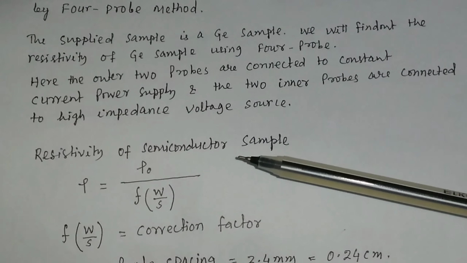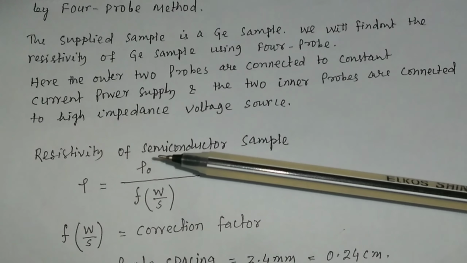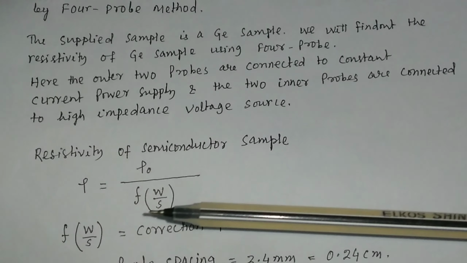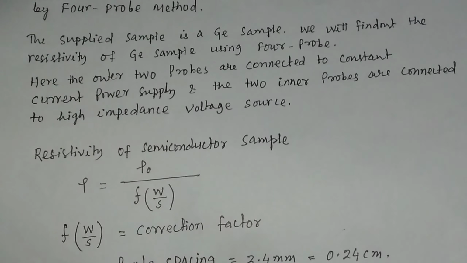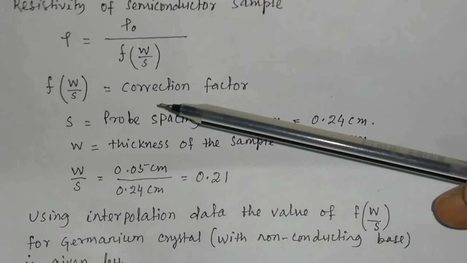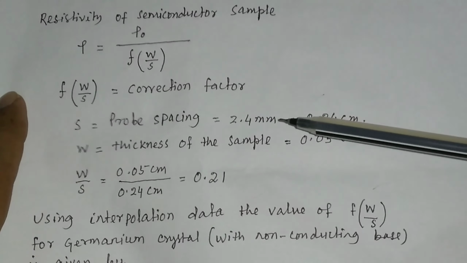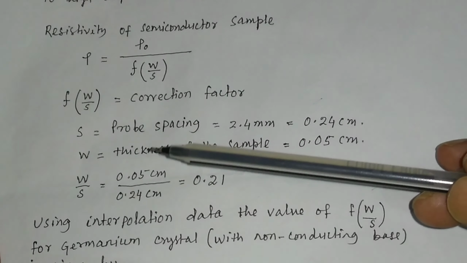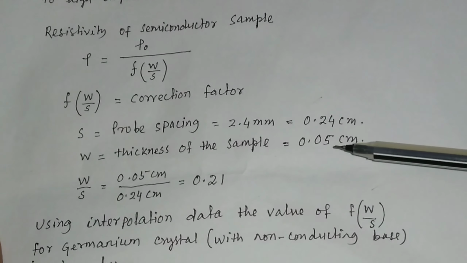The resistivity of the semiconductor sample is given by the formula rho equal to rho 0 divided by f of W by S. Here f of W by S is called the correction factor, and in our sample S, the probe spacing, is equal to 2.4 mm or 0.24 centimeter, and the thickness of the sample W is equal to 0.05 centimeter.